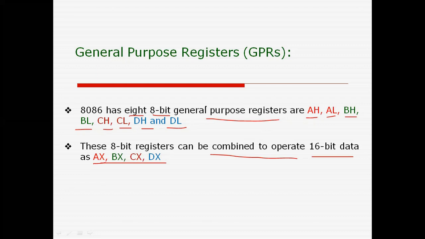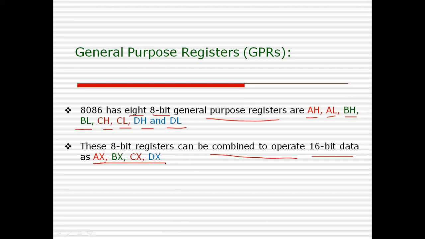And in order to perform the 16-bit operations or to manipulate 16-bit data, you can club these individual 8-bit registers. They can be combined and used as a 16-bit register, that is AX, BX, CX and DX. Right?